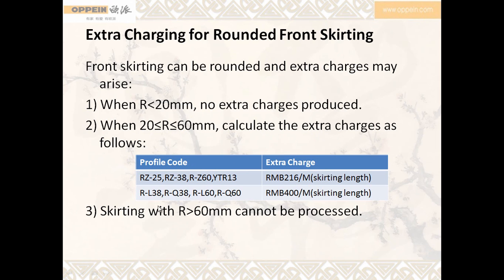For a profile such as RZ-25, the actual charge is 216 RMB per meter. For a profile such as R-L38, the actual charge is 400 RMB per meter. 3. Skirting with R more than 60 millimeters cannot be processed.